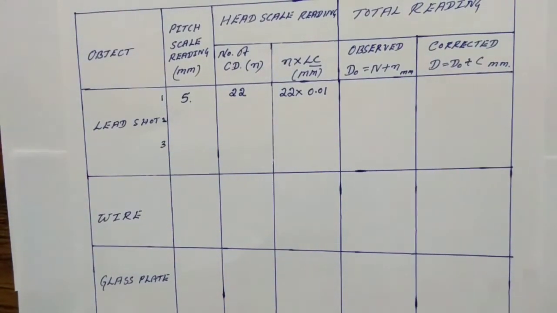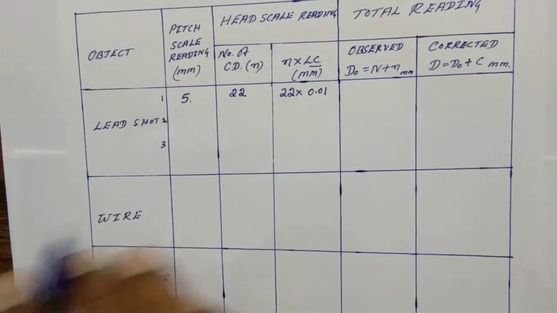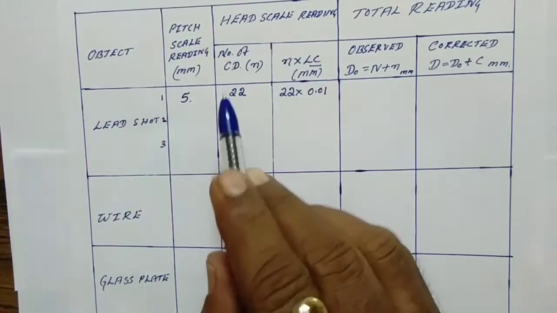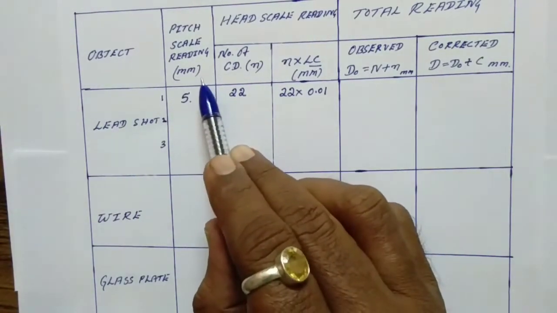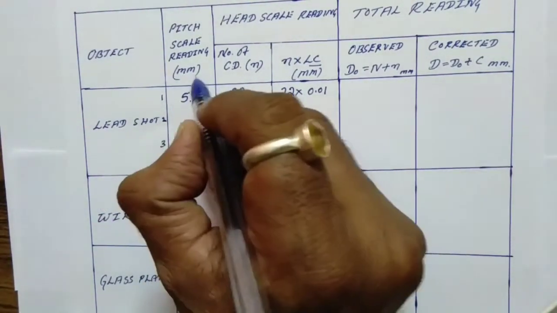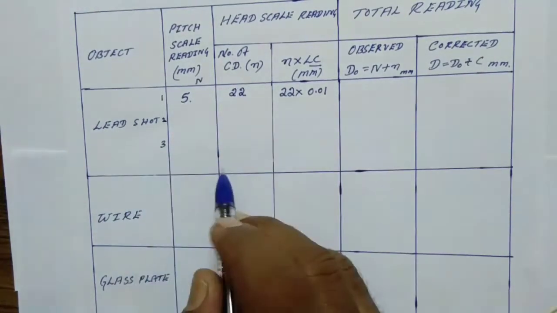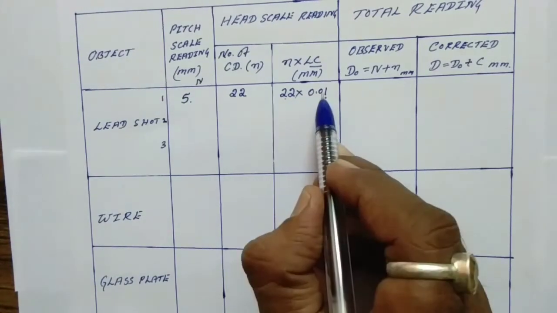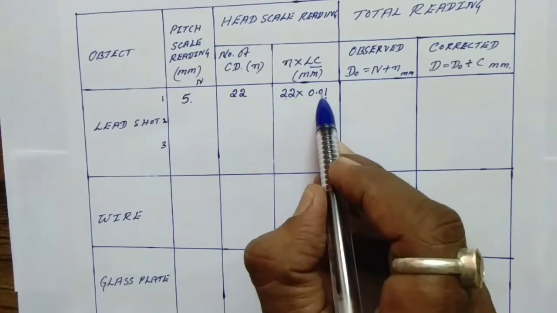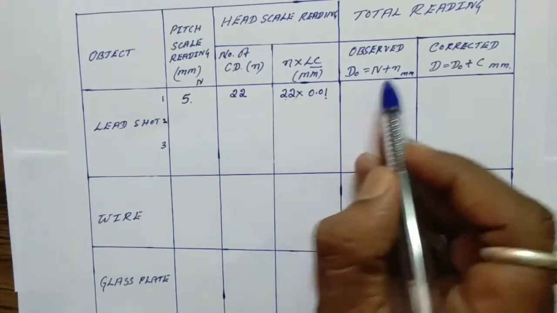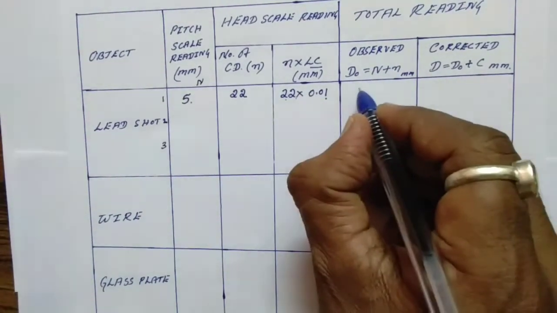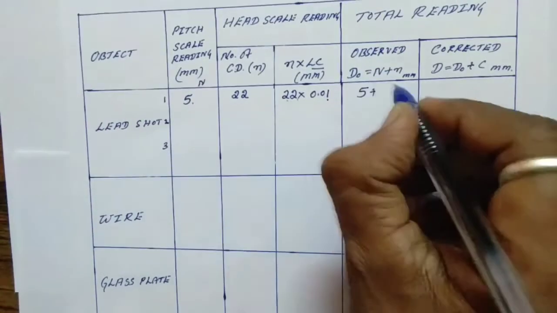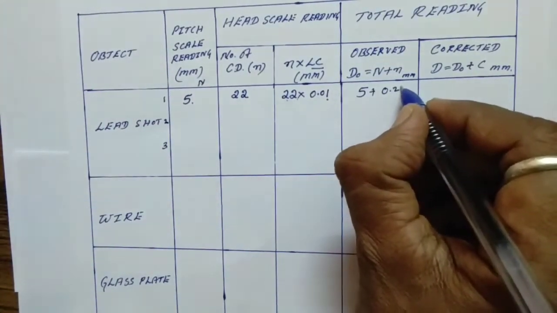Then what is the observed reading here? N plus n. This one is considered as n. On multiplying these two things, what you will get? 0.22 you will get. So the conclusion is 5 plus 0.22.